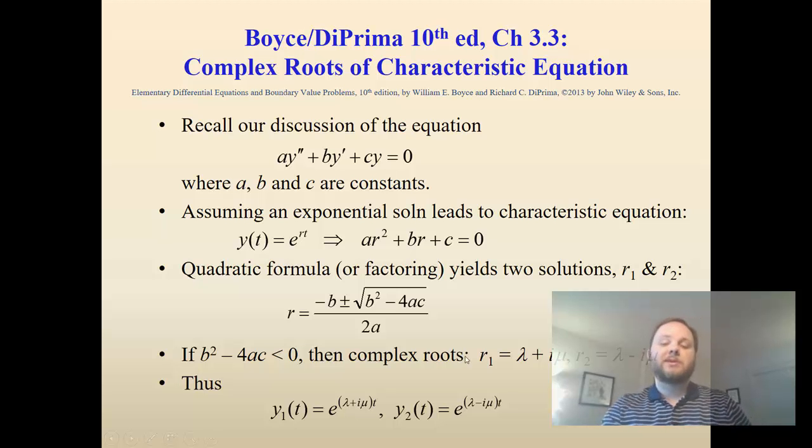Remember that b is out front, right? So that negative b over 2a, that's talking about my lambda, some number that's real, plus i, the imaginary number, times another real number, mu. So I'm going to get complex exponentials, which looks a bit bizarre, but here's the really cool part.